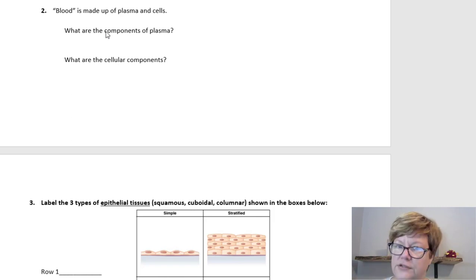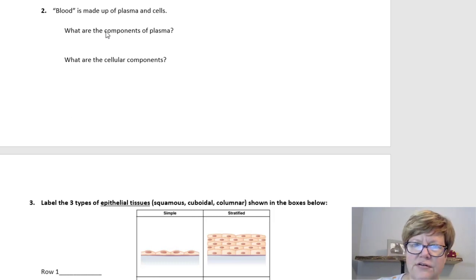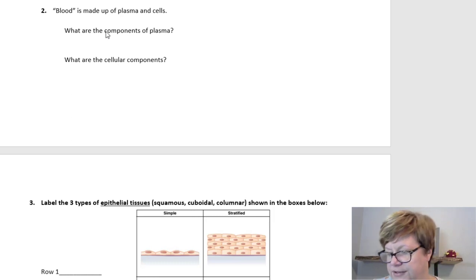The cellular components will be red blood cells called erythrocytes, white blood cells that we call leukocytes, and then some pieces of cells we sometimes call thrombocytes, but they're really the platelets, and they're really just cell fragments. They're not really whole cells, but we still consider them in the cellular component category.